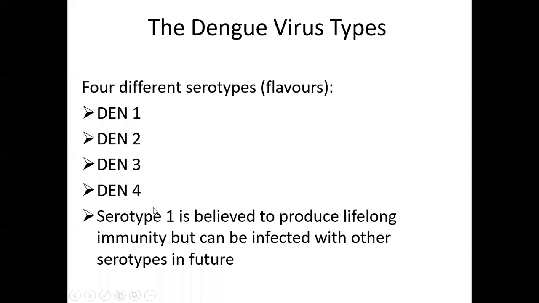So in case of Den 1, the immunity produced may be lifelong, but if the patient is reinfected or recurrence occurs, the immunity may not be lifelong. But usually serotype 1 is believed to produce lifelong immunity.